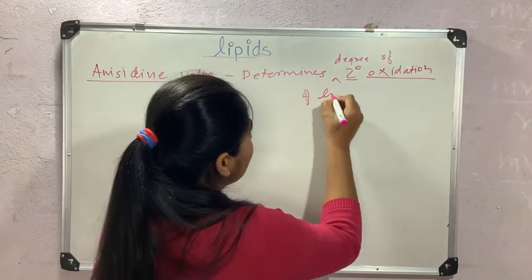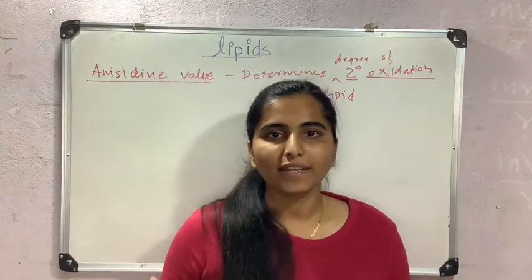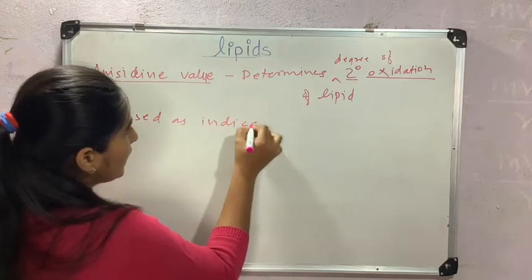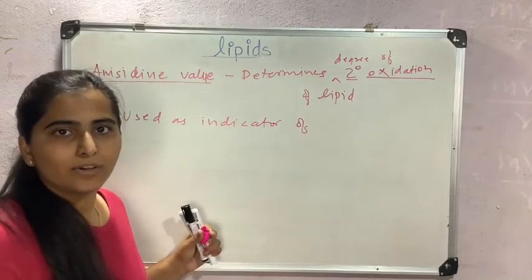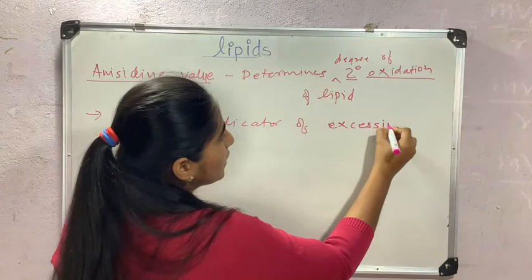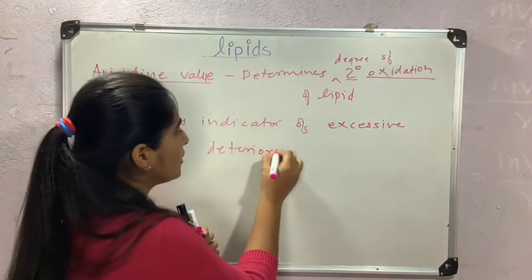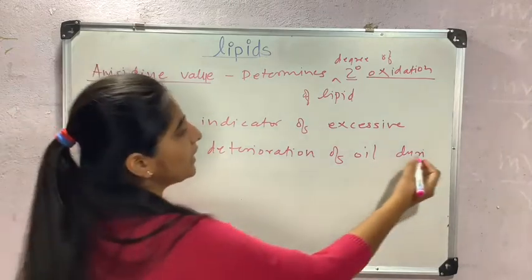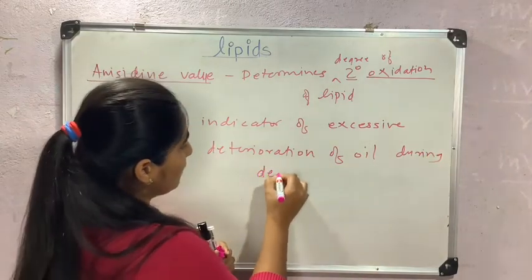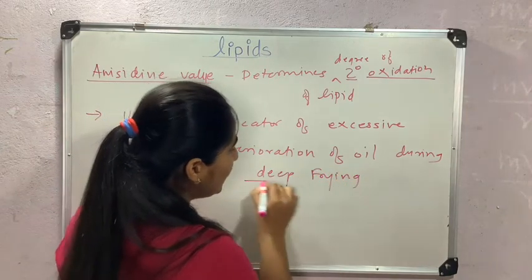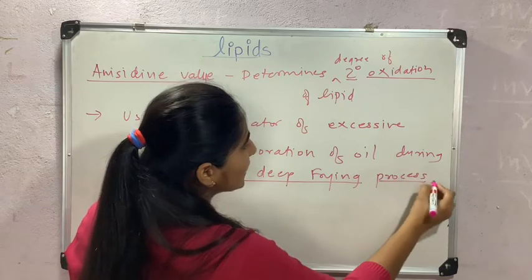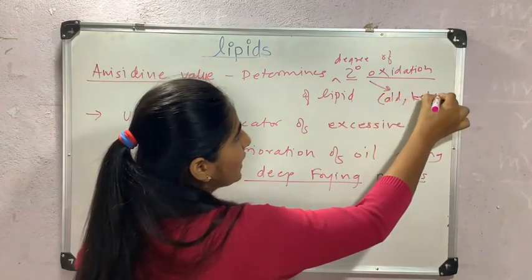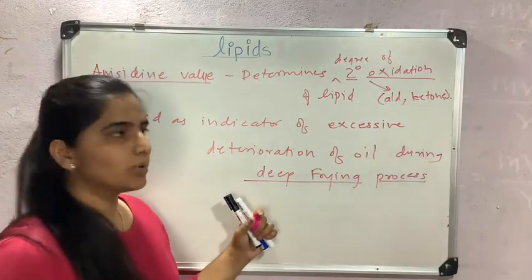It is used as an indicator of excessive deterioration of oil during the deep frying process, as in deep frying these secondary oxidation products like aldehydes and ketones form.